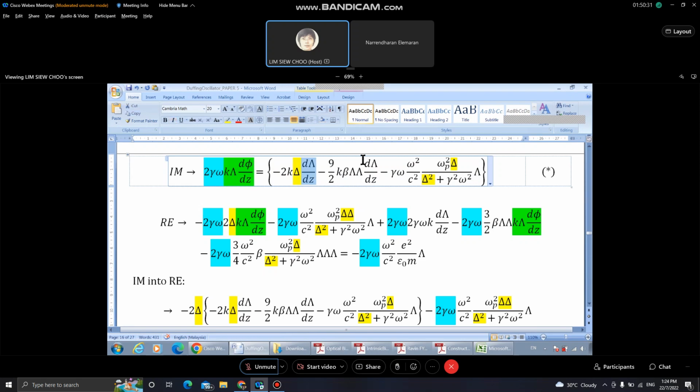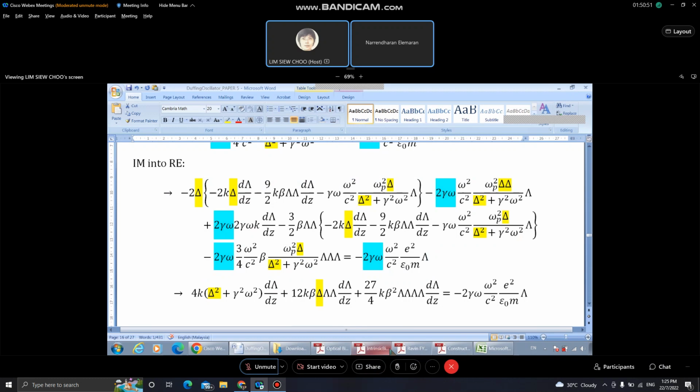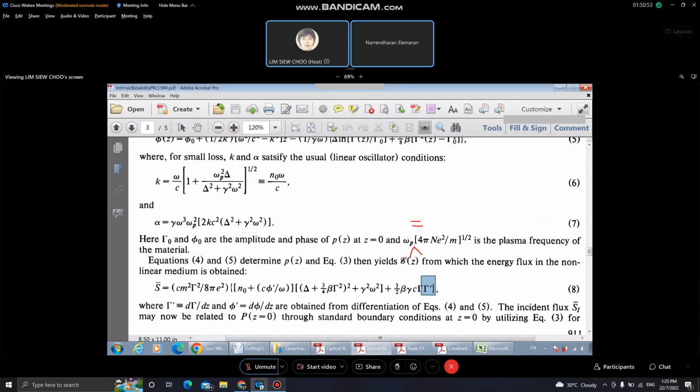You can replace here. But of course, before you replace, you factor, because there are two terms here, and then you can substitute the d lambda over dz here, and then you get your d phi over dz. Okay, doctor, understood. After you obtain it, you substitute into this, then you get your S already.